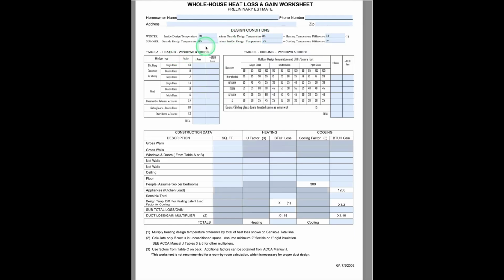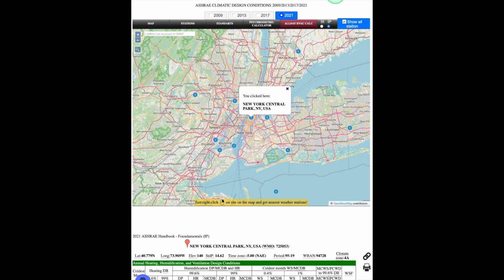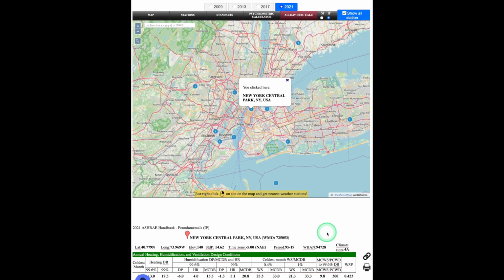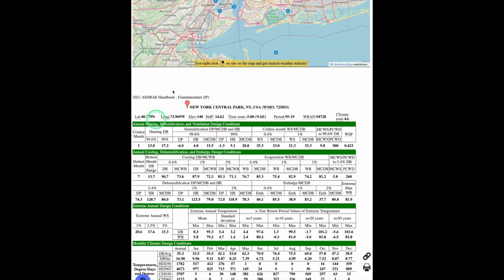Remember, these outside design temperature conditions are for Bakersfield. If we look at, I believe I have New York on here, the design conditions are going to be different. So let's look at the design conditions for New York. Their coldest month is January. And guess what?